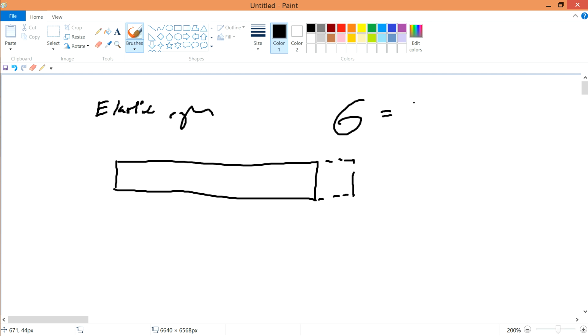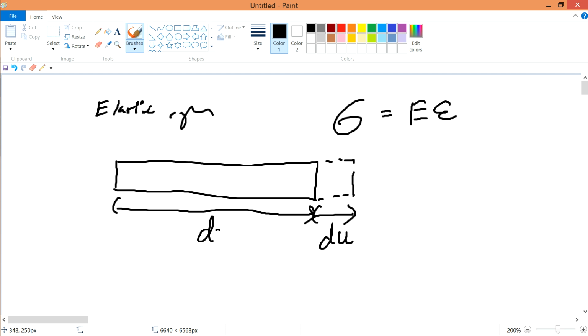You know that the stress is equal to E, the Young's modulus, times the strain. So you know that this little extension over here due to a certain stress is du. We call this du, and we call this original length dx.